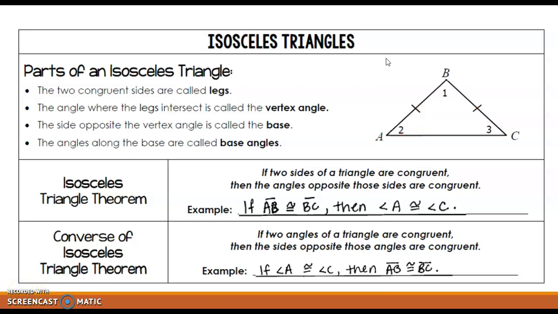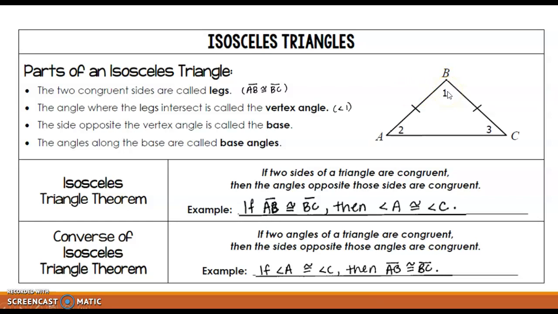Let's look at the parts of the isosceles triangle. 2 congruent sides are called legs. All right, tell me 2 of the congruent sides. We've got AB and BC. Those 2 are legs. The angle where the legs intersect is called the vertex angle. So angle 1 up here is the vertex angle.